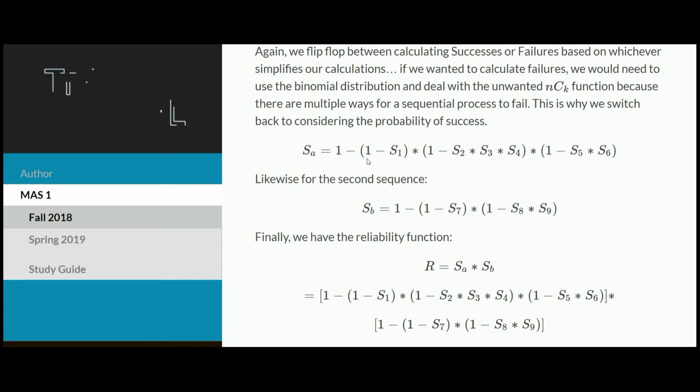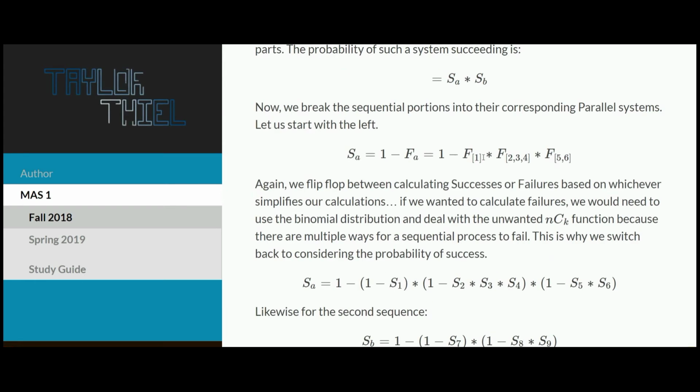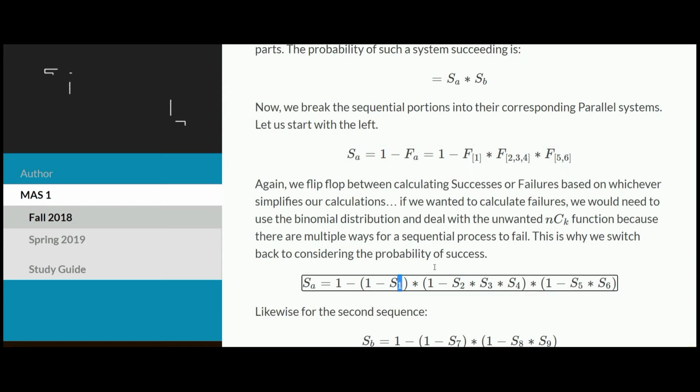Finally, we go back to another 1 minus. Instead of the failures, the probability of system 1 failing is just 1 minus that part succeeding, and that's just me being consistent.